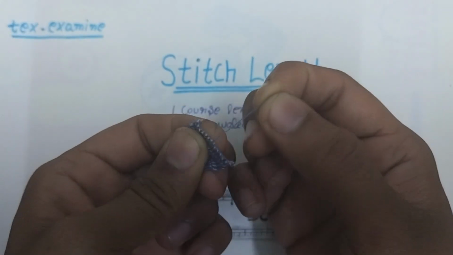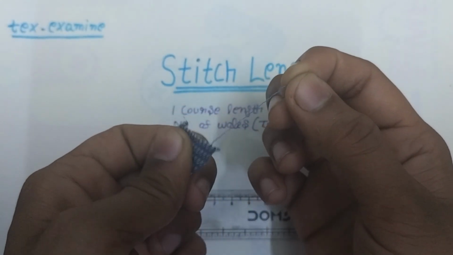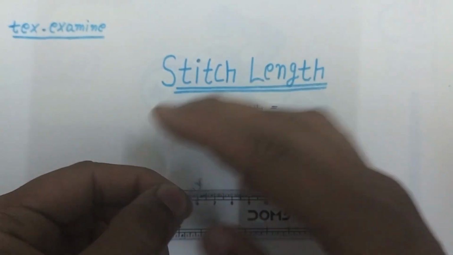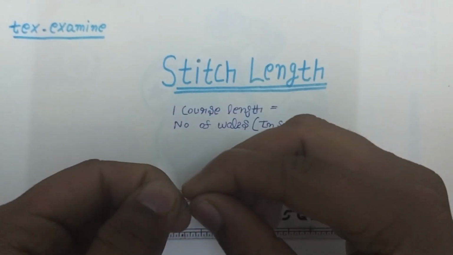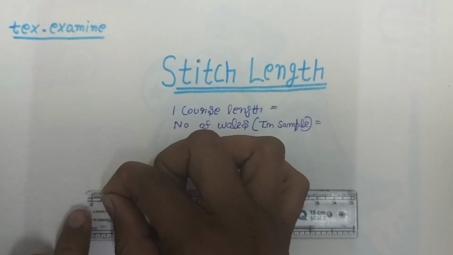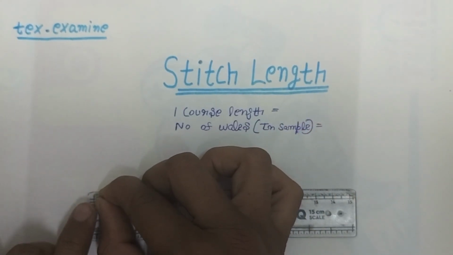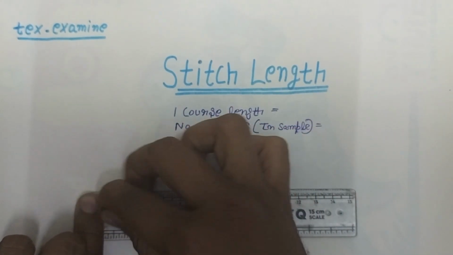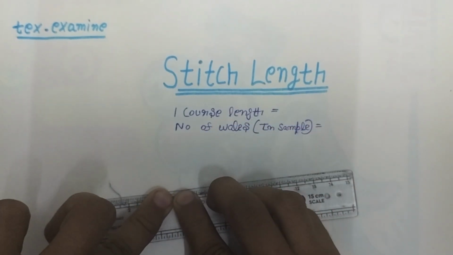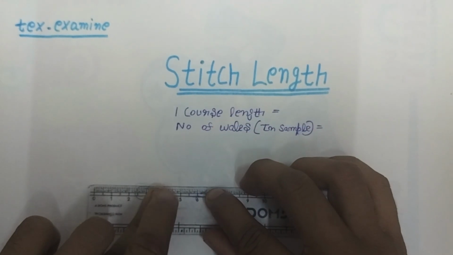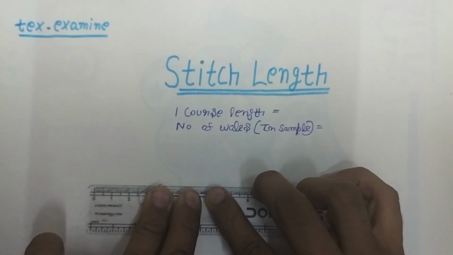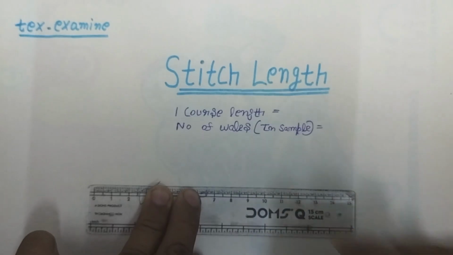So first you unravel the course like this, and then you analyze the length of that course by using the scale. So as you can see, the length is 7 centimeters.